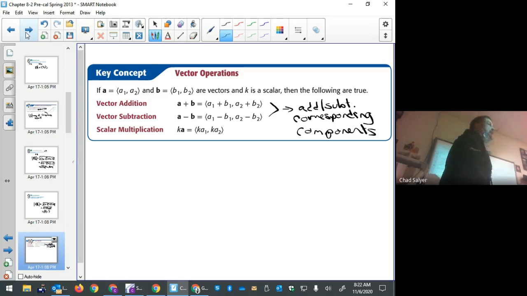And then scalar multiplication, you just multiply each component by that scalar.